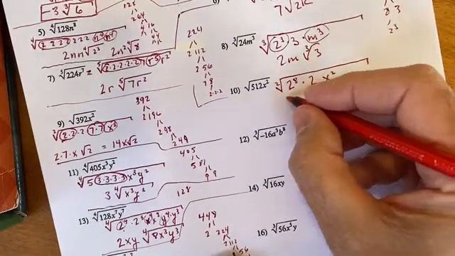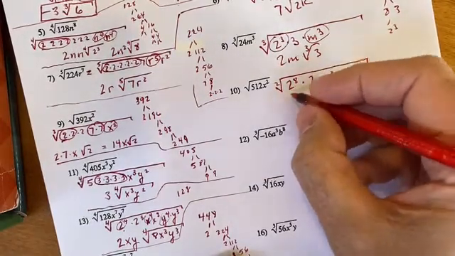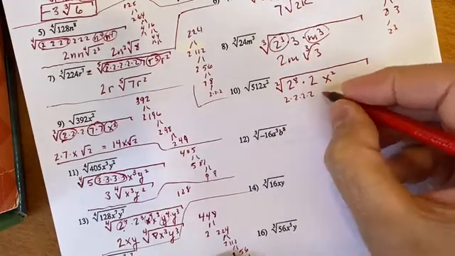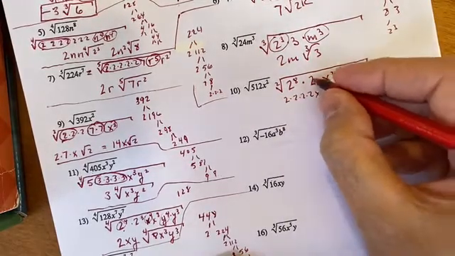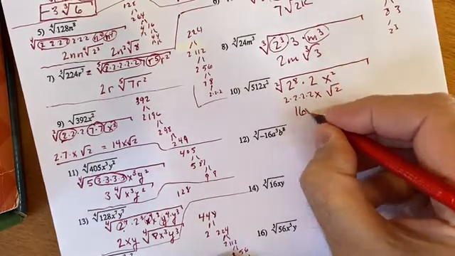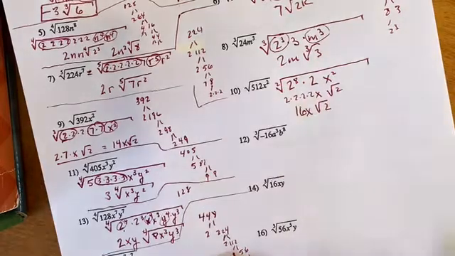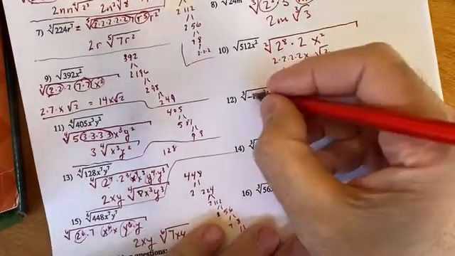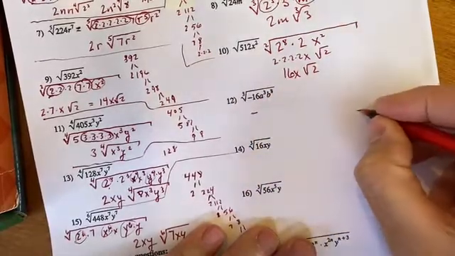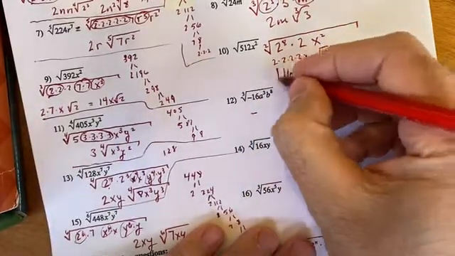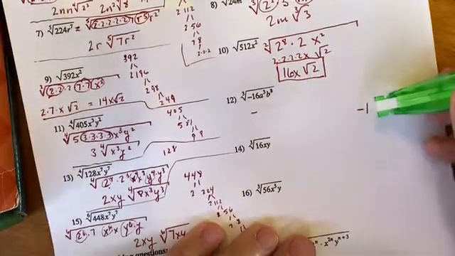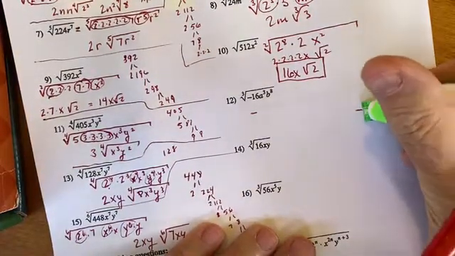Right, there's 1, 2, 3, 4 2s in 8. So 4 2s come out. 1x comes out, and this 2 is left. So it's 16x times the square root of 2. Again, we have a negative to an odd, so when that happens, you're going to get a negative answer. Oh, I put a 1 there. I didn't need to. Just a negative. I'm just getting ready for the answer.